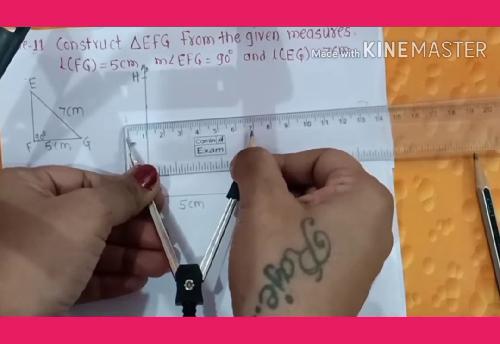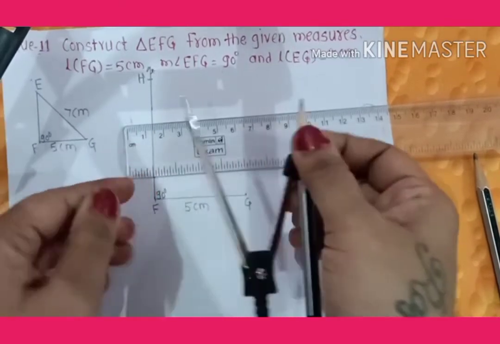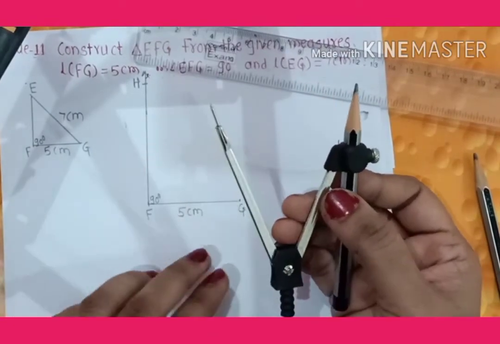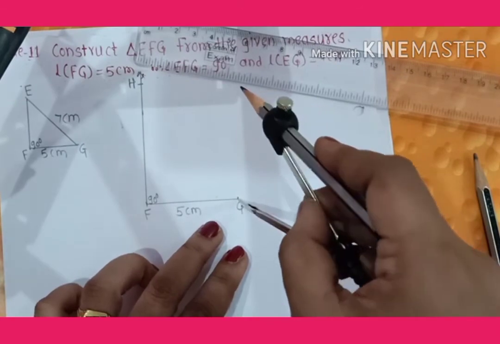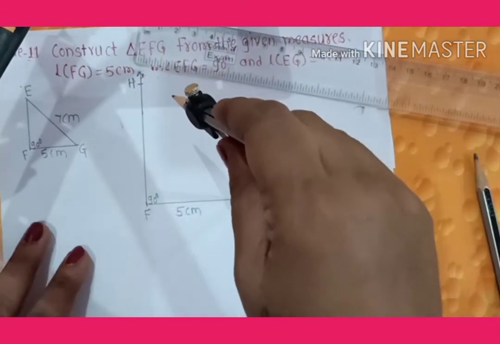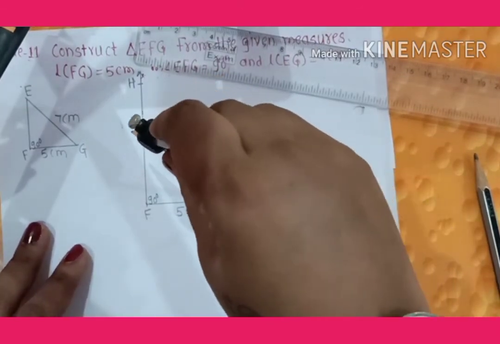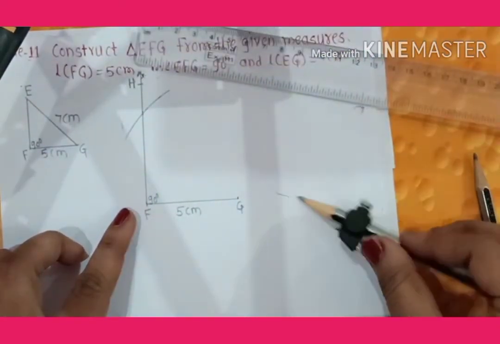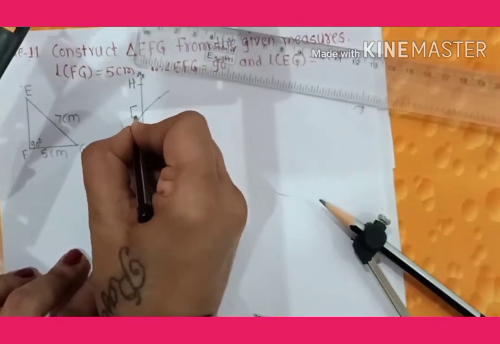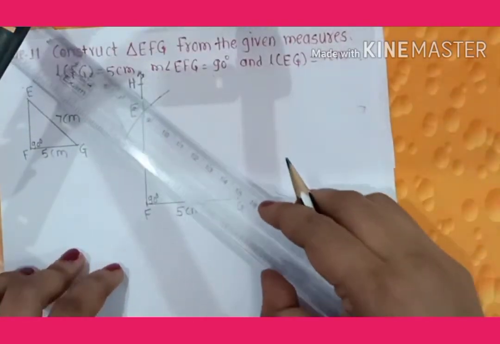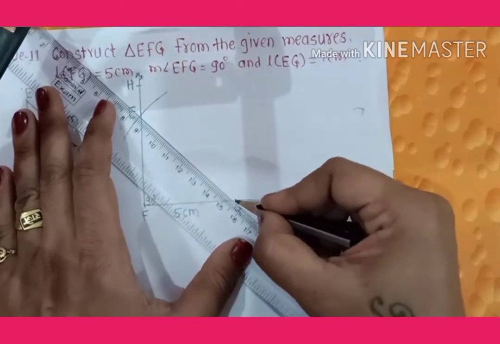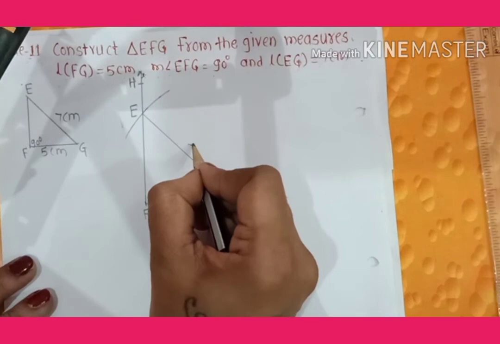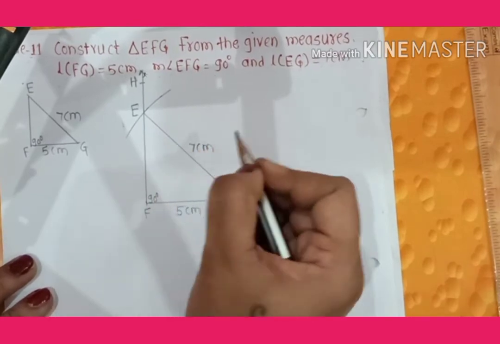Then put this point of the compass on the point G and draw an arc which cut the ray FH at the point E. Now draw the segment EG. Length of the segment EG is 7 centimeter.